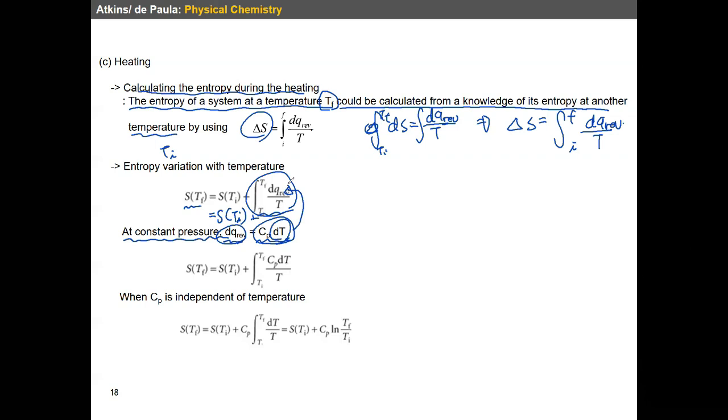Then we have this final equation. If we use constant volume, then we can use Cv instead of Cp.